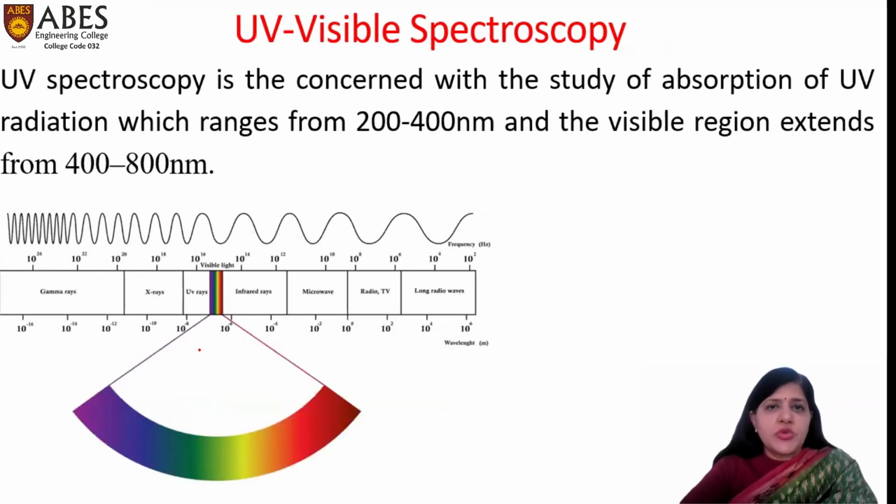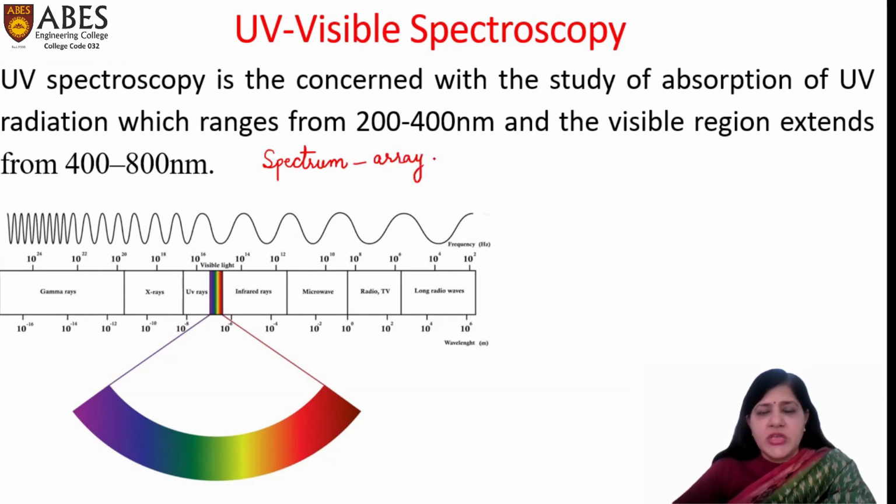UV visible spectroscopy means we are discussing the ultraviolet and visible part of the spectrum. Spectrum means the array of radiations. If I talk about electromagnetic radiations, spectrum is the array of electromagnetic radiations in the order of increasing wavelength or decreasing frequency.